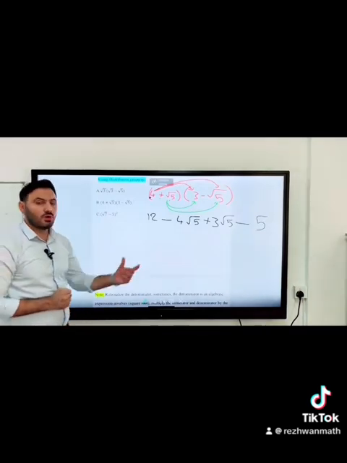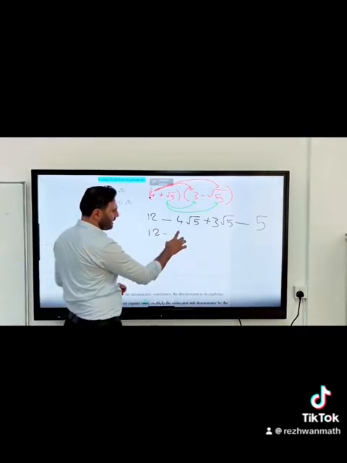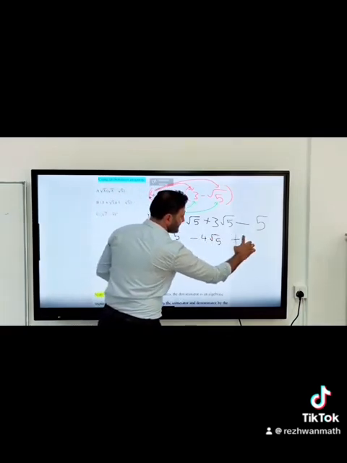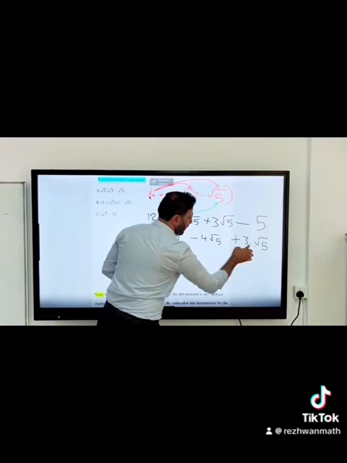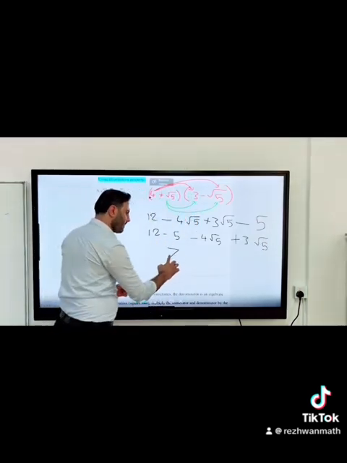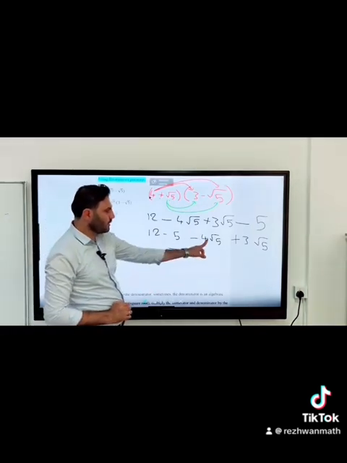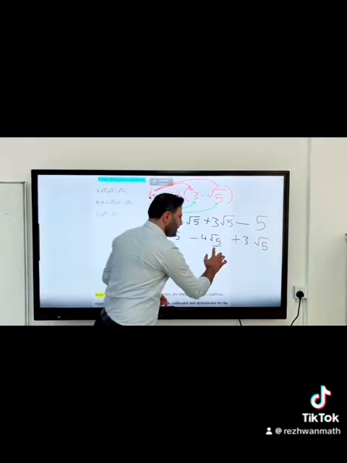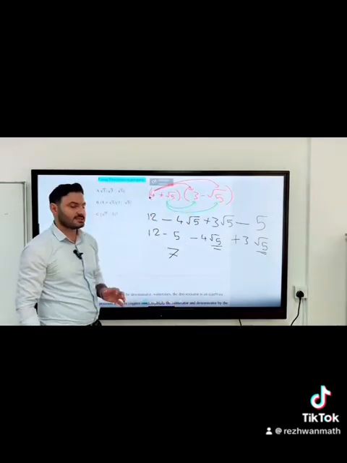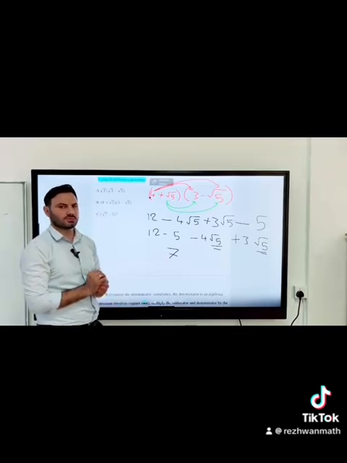Now, you have to combine like terms. So, 12 minus 5 minus 4 square root 5 plus 3 square root 5. 12 minus 5, we get positive 7. Then, we have the same square root. As we said, when we have the same square root, we can add and subtract the numbers in front of the square root.